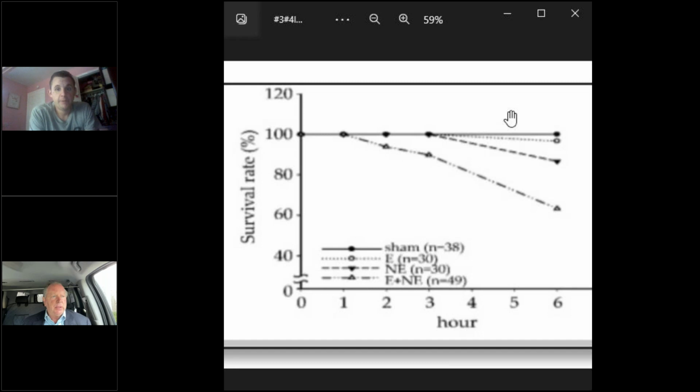Travis, fentanyl kills people. When people are sick, is the sickness so bad that they don't care about the risk of fentanyl? Yes, you don't care. You're willing to take anything. You hesitated.